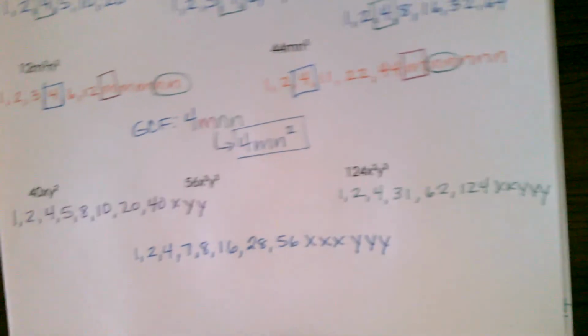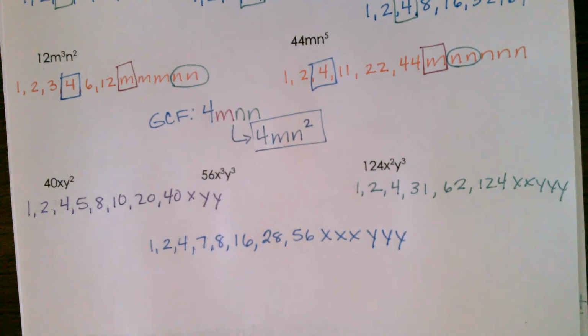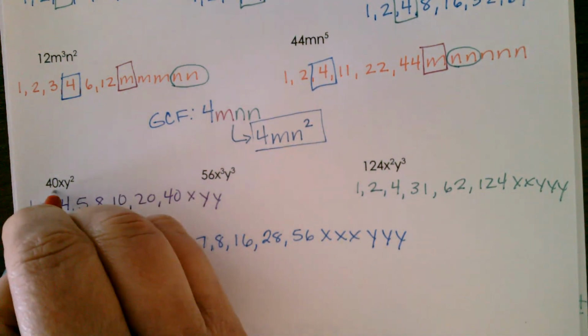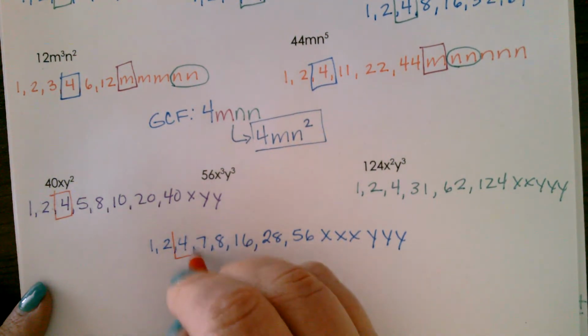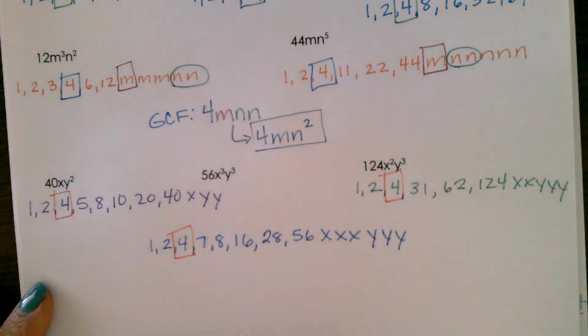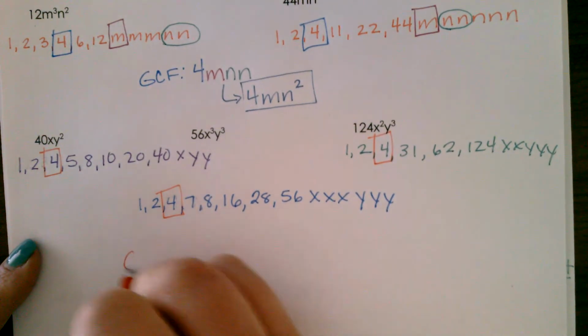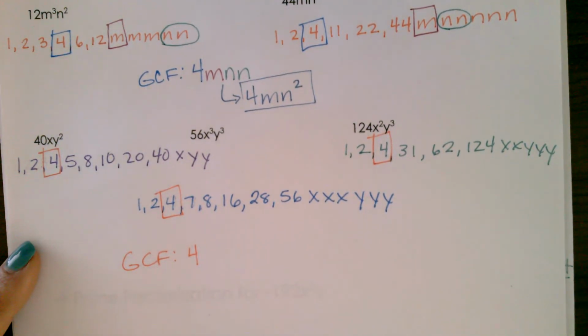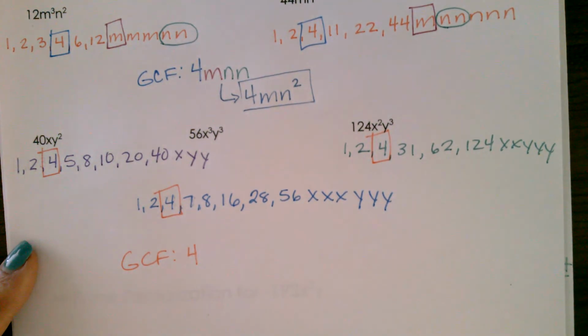So I had to figure out a way to get all those terms in there. When I look at this, I can see that the greatest common factor, and we're all going to be shocked by that, is 4. I'm not very creative. So my greatest common factor is 4. Okay. Now I'm going to look at the variables.